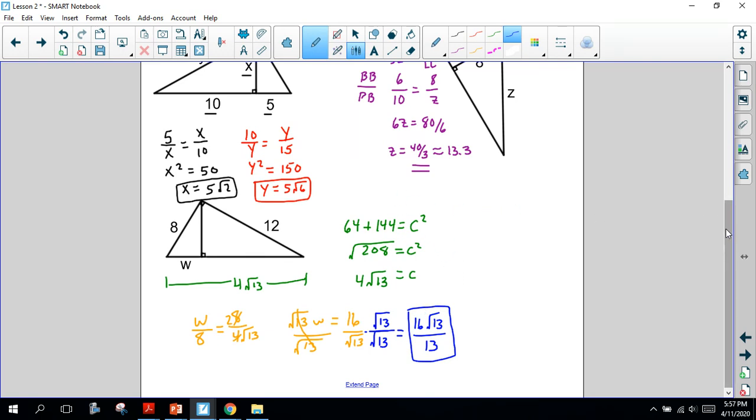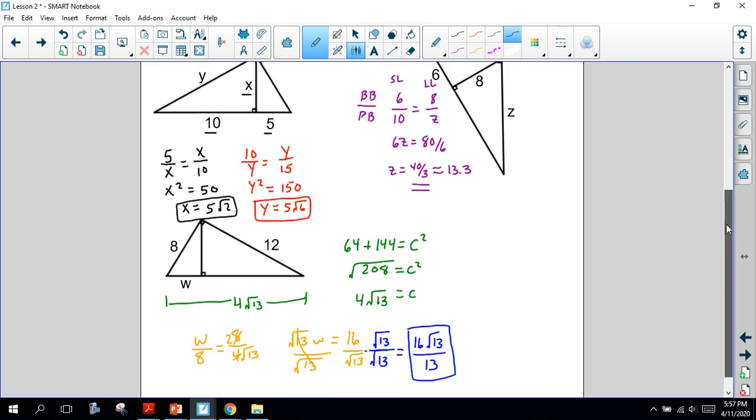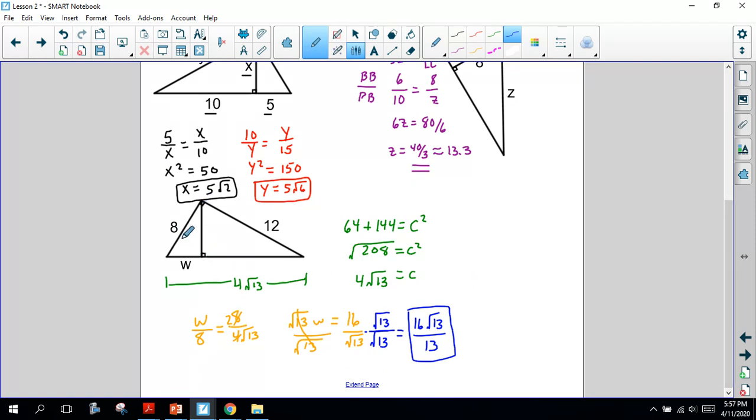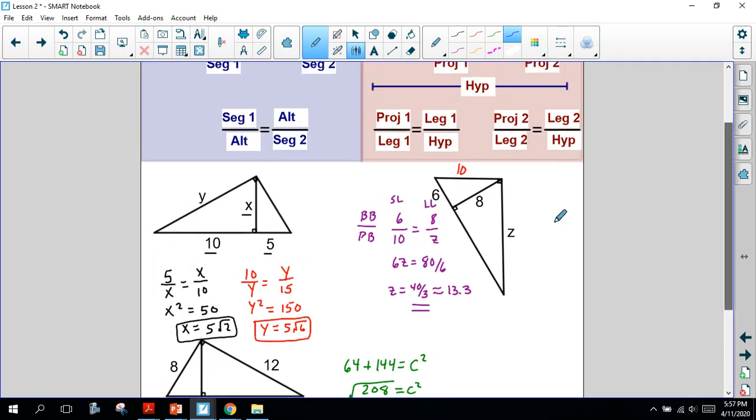Okay, guys, this lesson was on the Pythagorean theorem. As you can see here in a couple of these problems, for instance here, I used the Pythagorean theorem to help me get a length that I needed to answer my question. And likewise here, I used the Pythagorean theorem to get this length of 10, although this was a Pythagorean triple that we've known, relative to the 3, 4, 5.